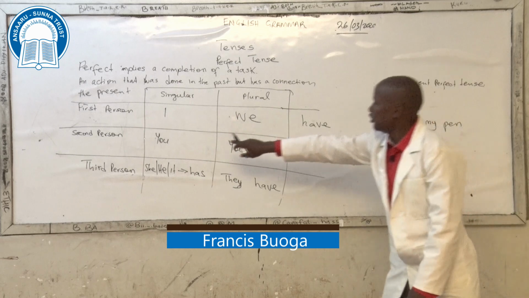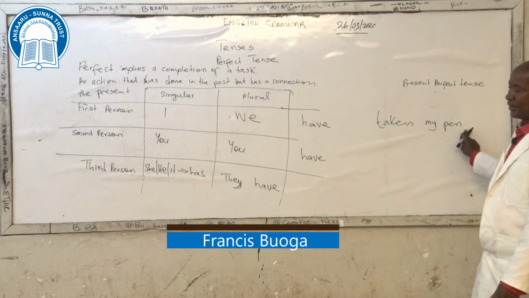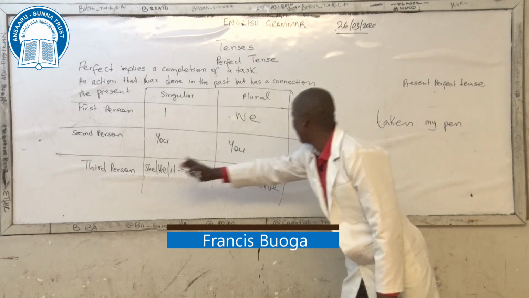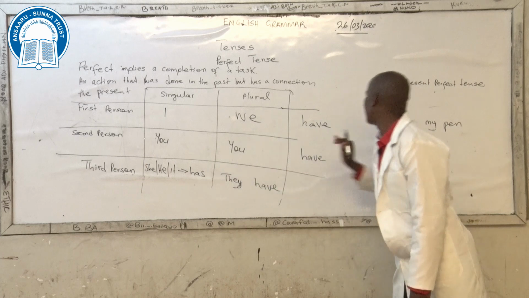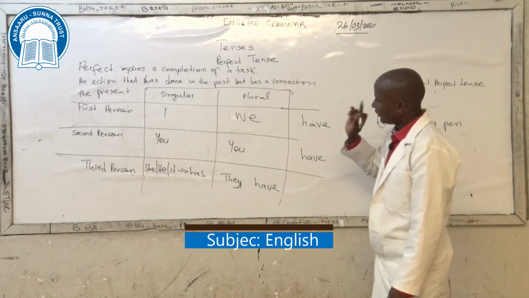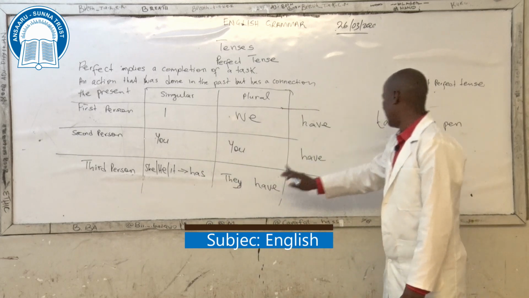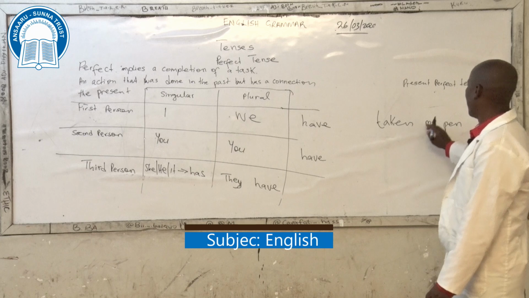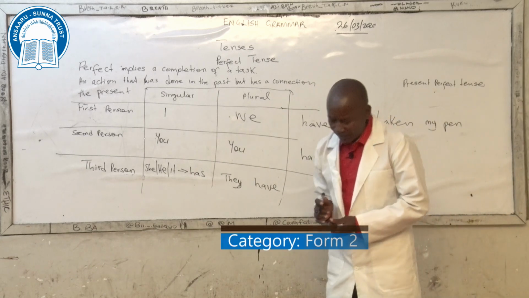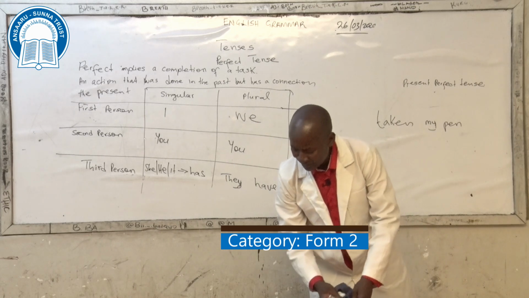You, singular, you have taken my pen. Third person, she has taken my pen. Or it has. Plural, they have taken my pen. That is how we present the present perfect tense.